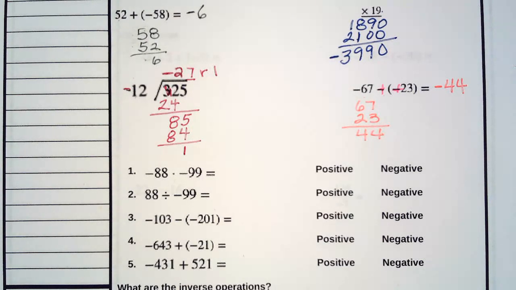Okay, for the next ones, we're not going to worry about the answer, but we want to think about whether they will be positive or negative. I want you to look at the first one and make the choice. Negative 88 times negative 99. Will that be positive or will that be negative?